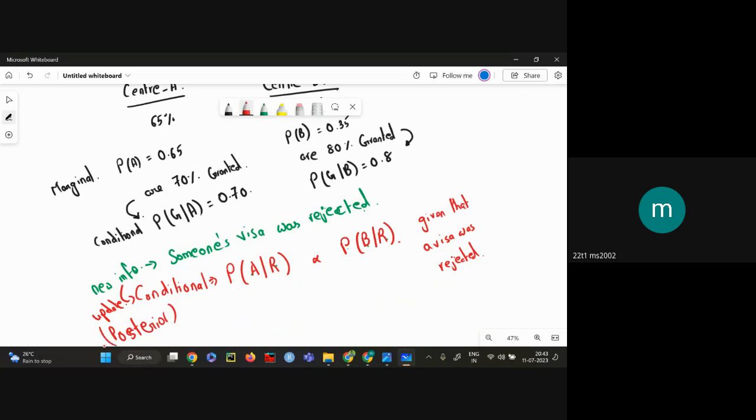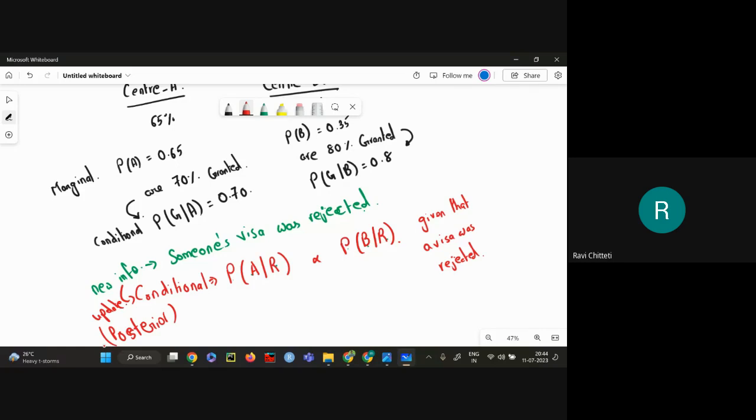All right, this is the posterior probability. So if it's a posterior probability, it must update something. So which of these numbers is it updating? It's going to update 0.7.